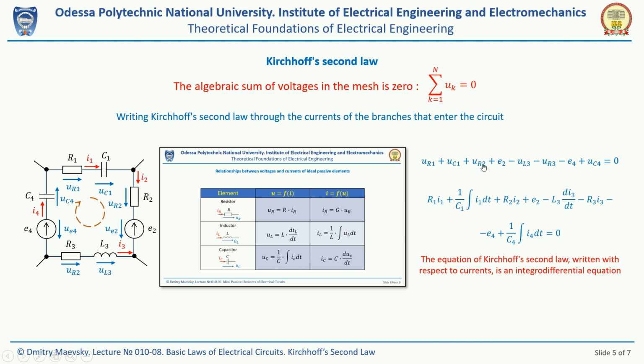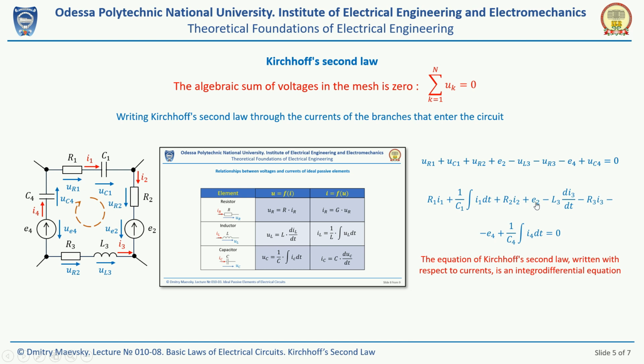Then plus UR2, this is the voltage of this resistor, and the current of this resistor is I2. Voltage is R2 times I2.